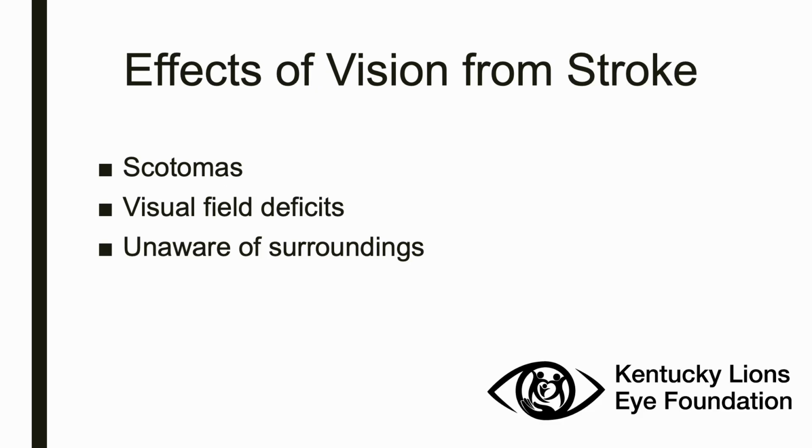Effects from stroke-related vision deficits often include scotomas or blind spots in various locations depending on where the damage has occurred, visual field deficits, and being unaware of surroundings on a specific side of the body related to visual inattention.